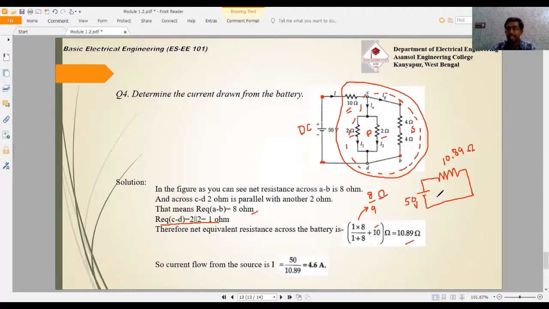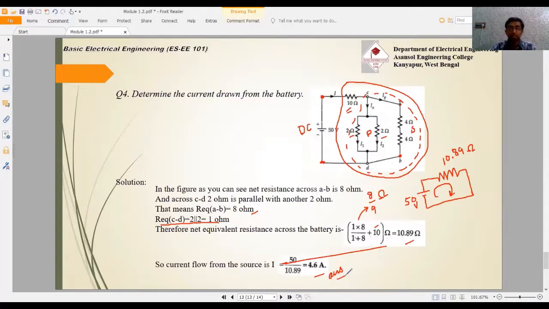So you can easily calculate what is the current flow into this system. Current flow from the source will be 50 divided by 10.89, that is 4.6 ampere. So this is your ultimate value.